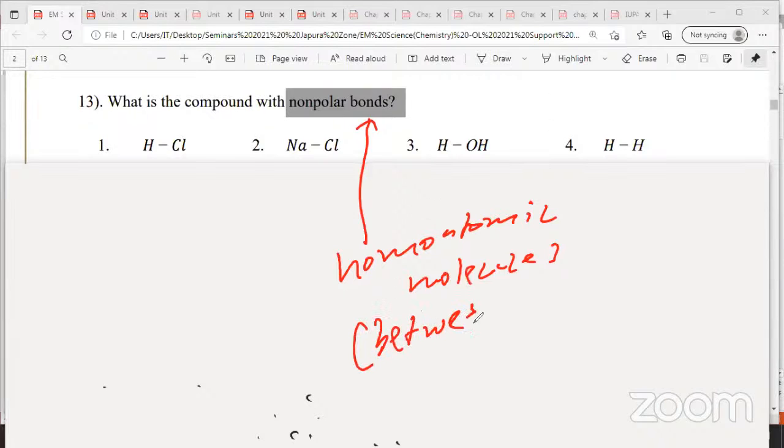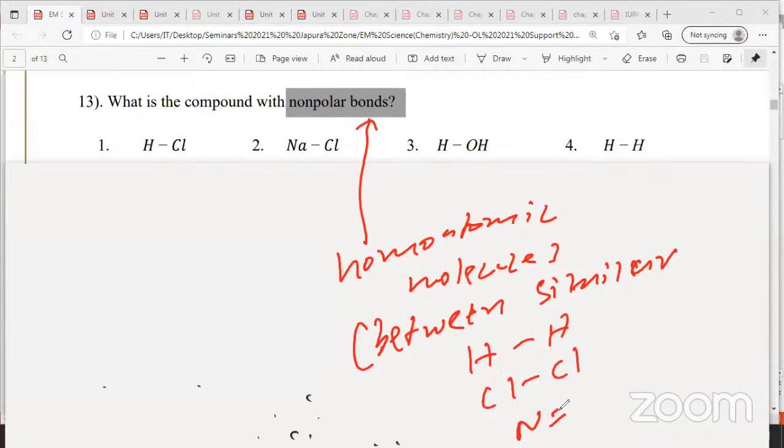So H2, Cl2, N2, O2, F2: chlorine, fluorine, nitrogen. All these homoatomic molecules have non-polar covalent bonds.